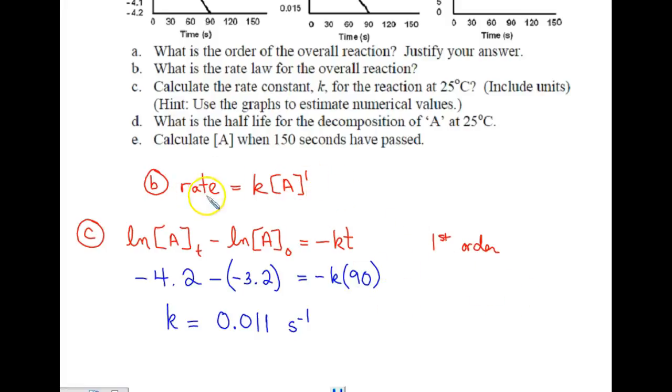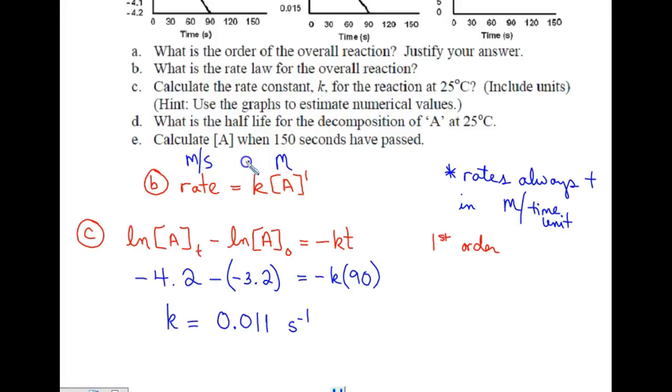Rates are always supposed to be positive, and the rate is always supposed to be in molar per time unit. And in this case, it was seconds, so the rate should be in molar per second. So then you say, okay, well, we already know, since this is first order, that this is molar. We need this to be molar per second. K has to be reciprocal seconds in order to get that.